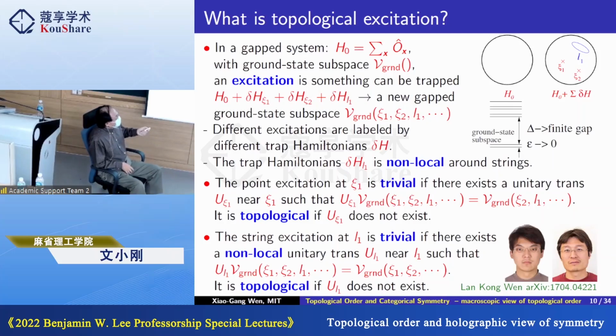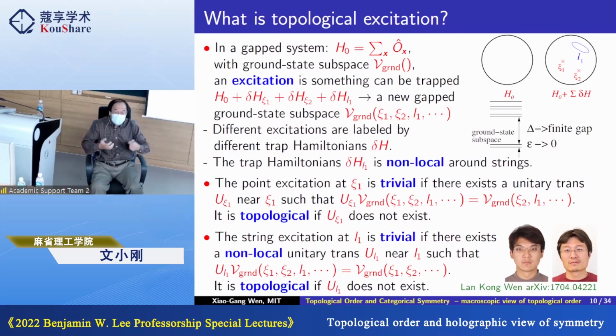Okay. Then there's another subtlety: for point-like excitation we have no problem, but for string excitation, the trap Hamiltonian should be localized near the string, but along the string it could be local or not local. Yeah, this is basically an open question. We don't know what the proper definition is, whether the local one or the non-local one is more proper. And I think I disagree with my collaborators on this point.